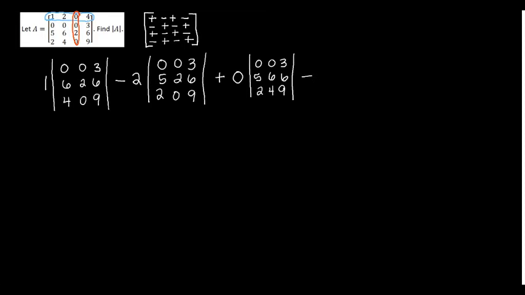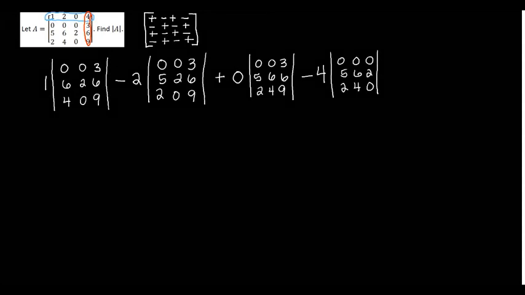My next symbol is a minus. The coefficient is a 4. And this time we're removing the fourth column. And I'm left with 0, 0, 0, 5, 6, 2, 2, 4, 0.